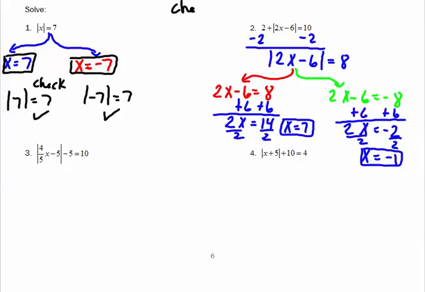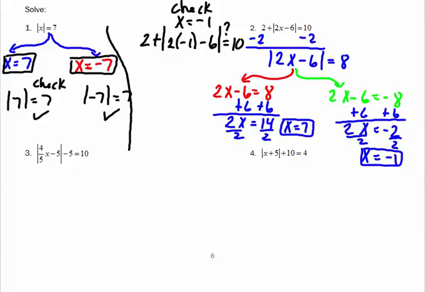So here's the check stage for x equaling negative 1. Plugging it in, I get 2 plus the absolute value of 2 times negative 1 minus 6, close the absolute value, is supposed to equal 10. So we'll put a question mark. Let's make sure that's true.